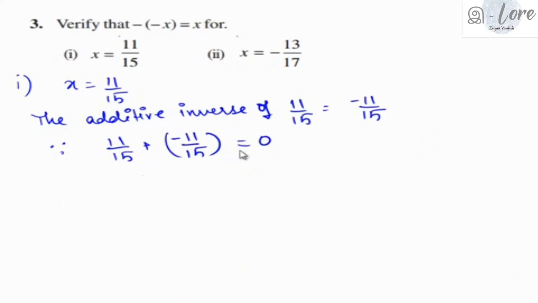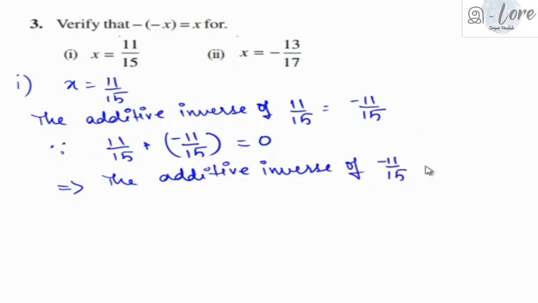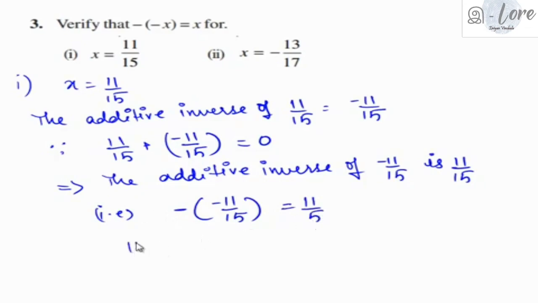The same equality implies that the additive inverse of minus 11 by 15 is 11 by 15. That is, minus of minus 11 by 15 is equal to 11 by 15.